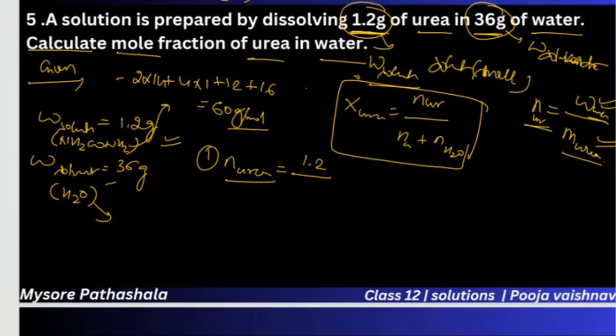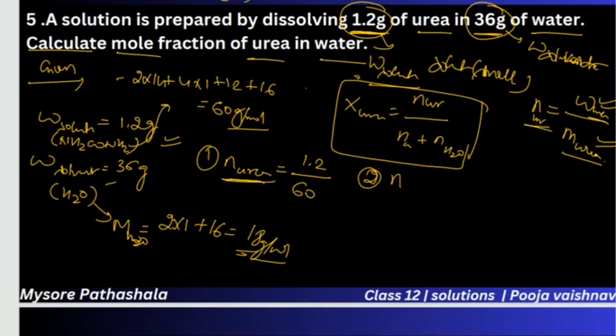Similarly, if we want to find out the molar mass of solvent, molar mass of water, in the water we know that 2 hydrogens are there plus 1 oxygen. So 18. Okay. So number of moles of urea I want to find out. Mass by molar mass. Molar mass for urea here 60. Similarly, number of moles of water.